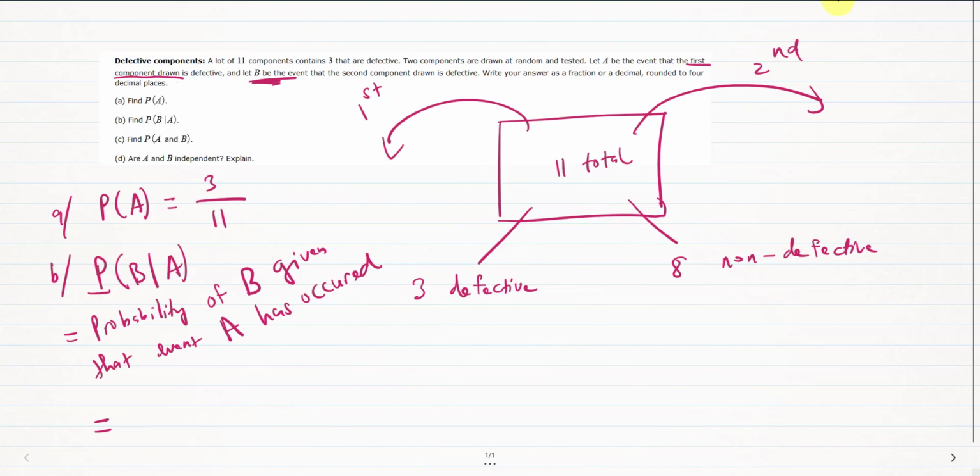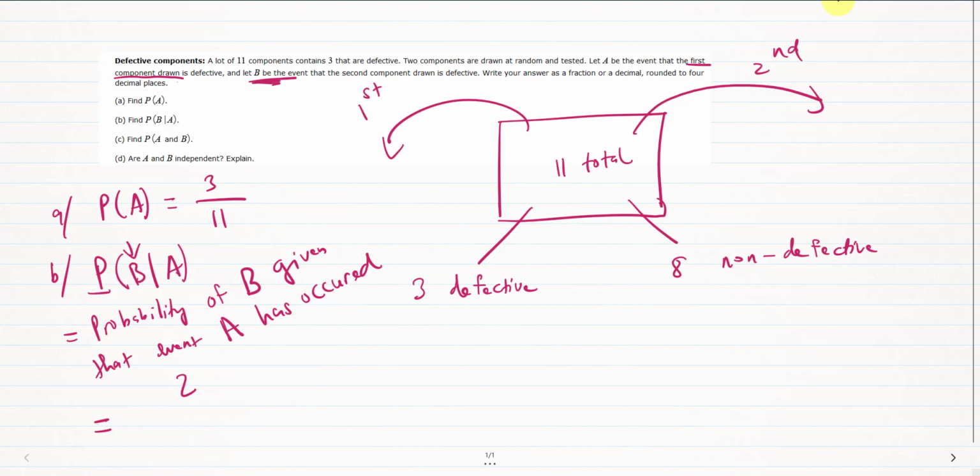We have a total of 3 defective. After you pull out the first one, event A, it was defective, so inside the box you only have 2 defective left. And now you want the second component, when you take it out for event B, to be defective again.